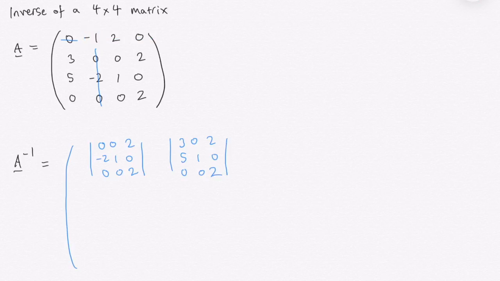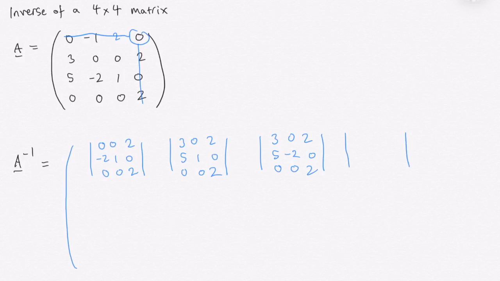Doing the third element, take the third element in that row, which is a 2, and cross out all the elements in the rows. We are left with a 3x3 determinant of 3, 0, 2, 5, -2, 0, 0, 0, 2. And taking the fourth element in that row and crossing out all the elements in the same row and column, we are left with a 3x3 determinant of 3, 0, 0, 5, -2, 1, 0, 0, 0.